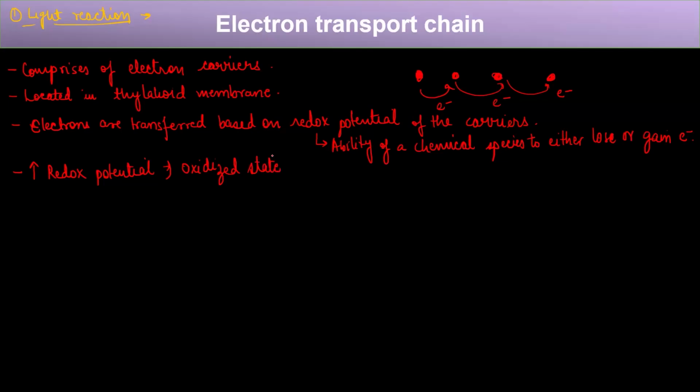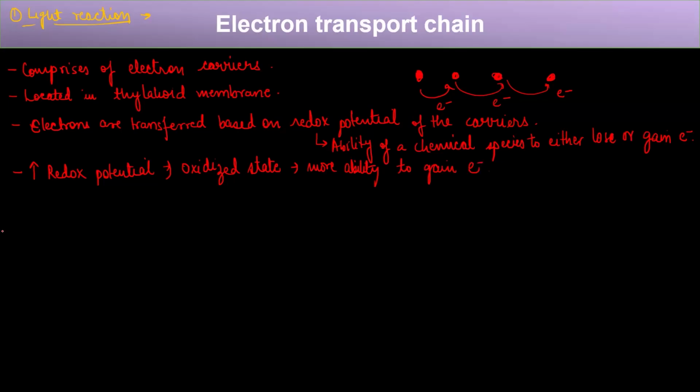And we know what oxidation is. Oxidation happens when there is loss of electron, right? Now, if a species has lost the electron, it has the ability to gain the electron. So oxidized state means it has more ability to gain electron.